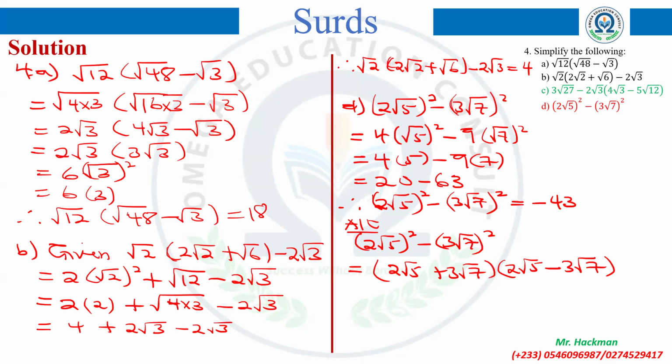So the purpose is to remove brackets. Immediately you take it to difference of 2 squares, then what are you doing? You are going to introduce brackets. Is that not it? So that should inform you that that is not the right route to go. So this will be the best approach.